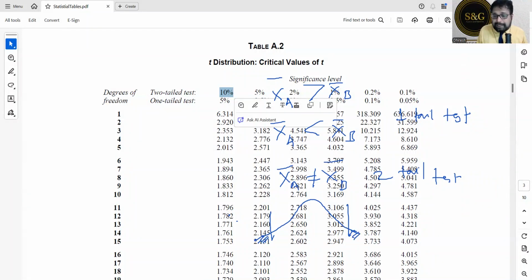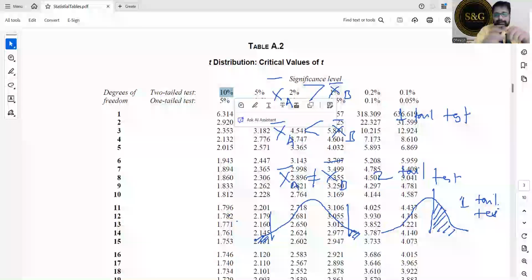But if we have only a unidirectional specification limit, for example 30 minutes, anything less than 30 minutes is okay and anything beyond 30 minutes is a defect. So it is called a one-tail test. Clear? There is a difference between one tail and two tail. Yeah, super.